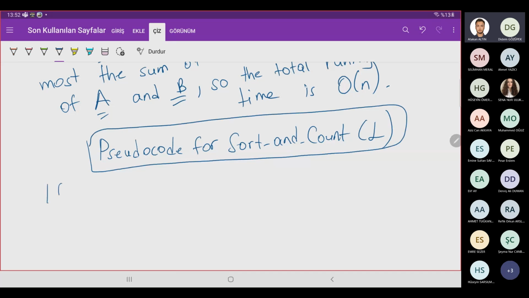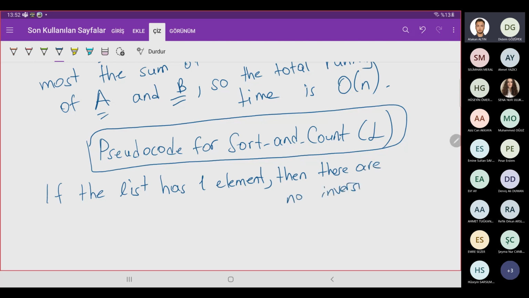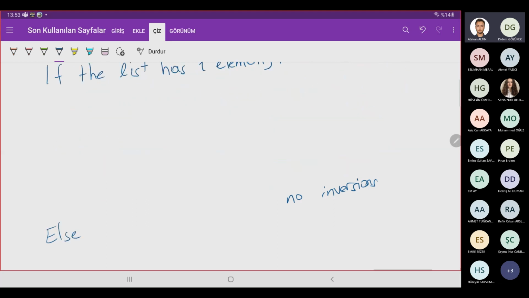If the list has one element, then there are no inversions. So the count is 0 then, okay? Else, we divide the list into two halves, okay?